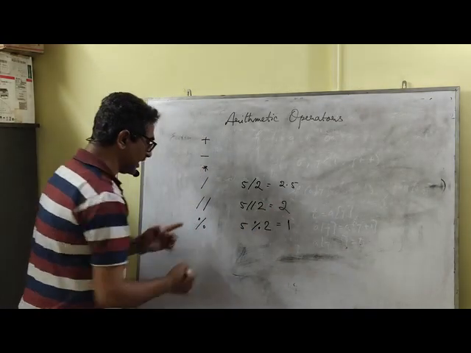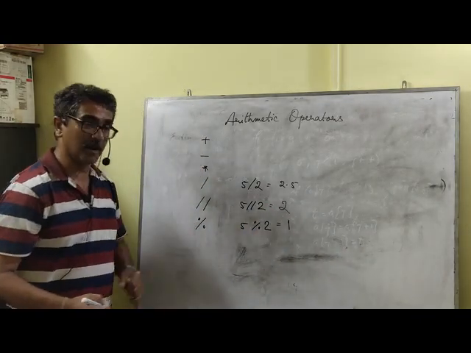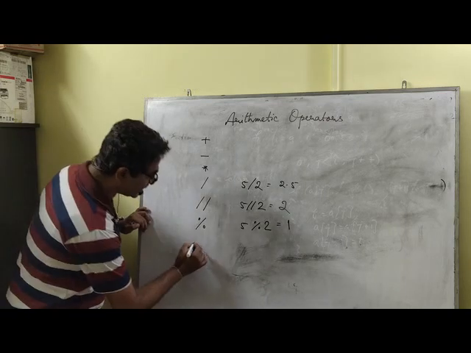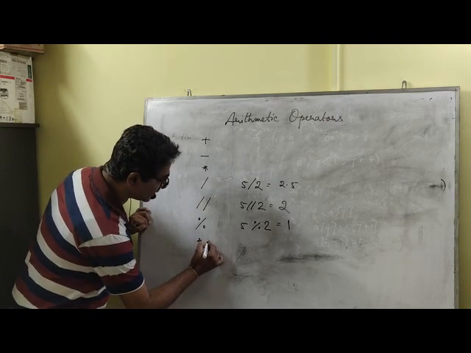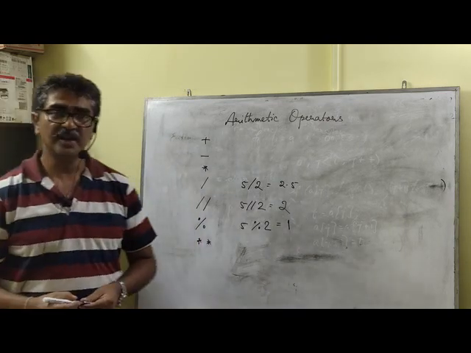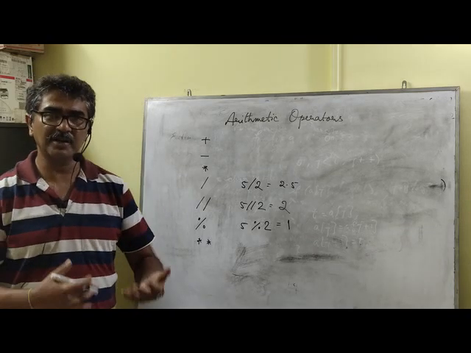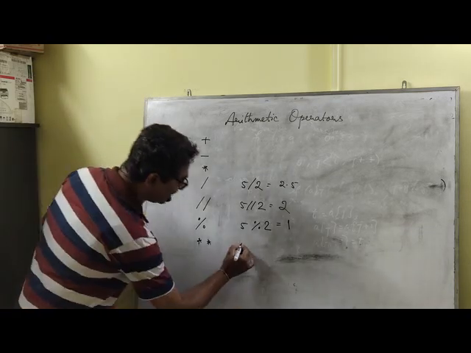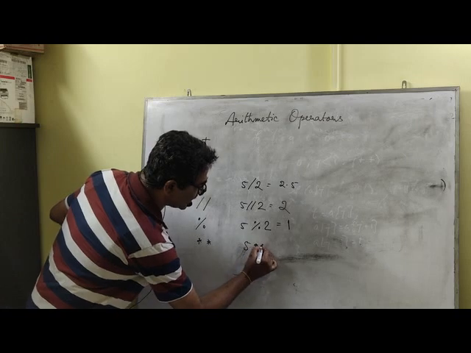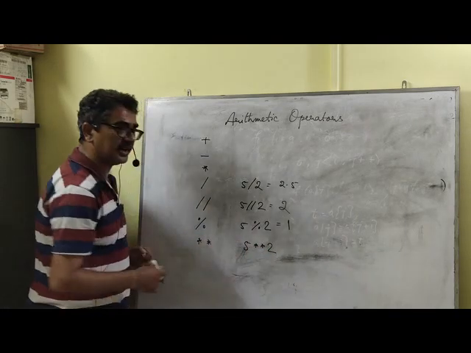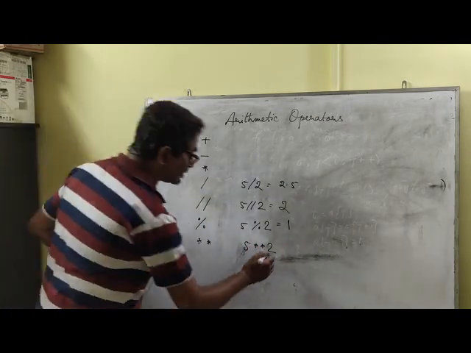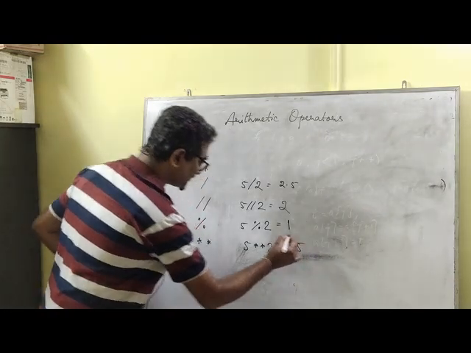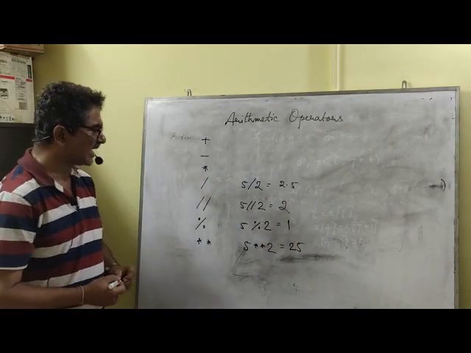Next comes the exponent operator, that is double star. This is used to raise a number to the power of another number. For example, if I write 5 exponent 2, it is going to find 5 square, that is 5 to the power 2, that is 25. So this is how the entire thing works.